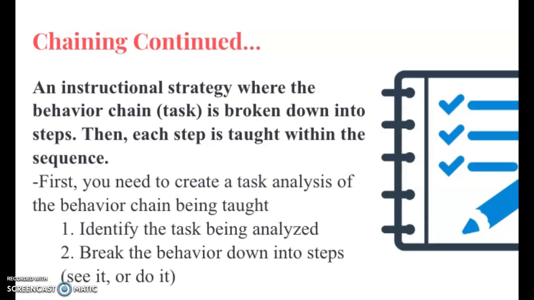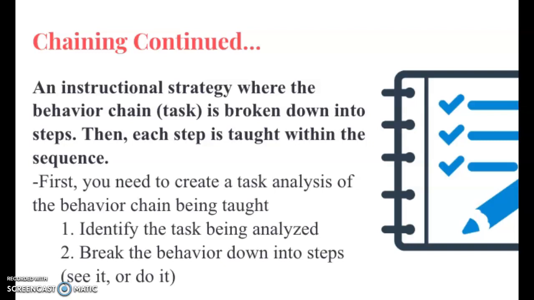So I always like to put it in simpler terms as well. Chaining is an instructional strategy where the behavior chain or the task is broken down into steps. Then each step is taught within the sequence. First, you need to create a task analysis of the behavior chain that's being taught.